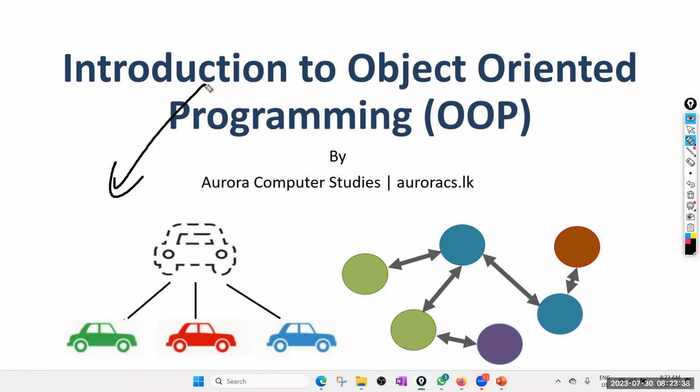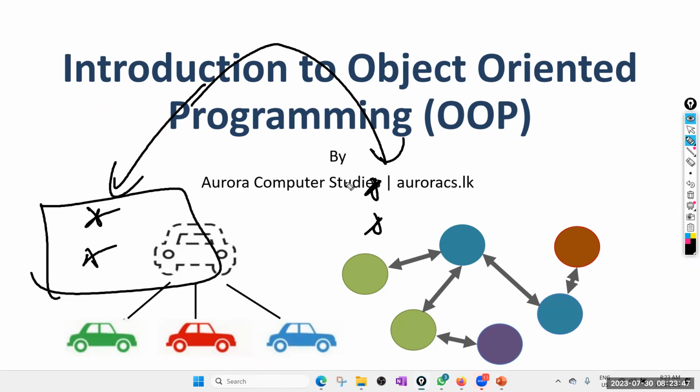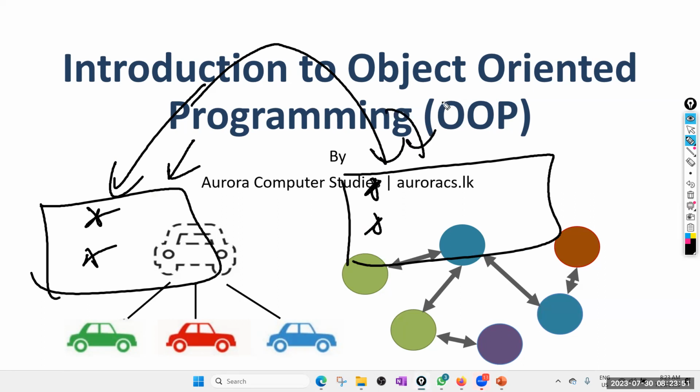You must be able to explain this approach and this approach using maybe just two sentences or a few points. You must be able to differentiate them. What is this approach and what is this approach? Or a few features. These are the features of structured development. These are the features of object-oriented development.